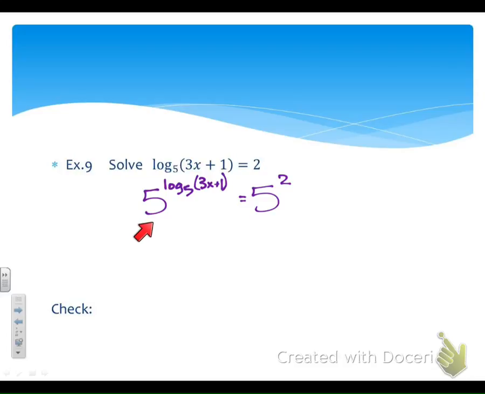When you have a base raised to a logarithm of the same base, these operations undo each other. And you're left with the argument 3x plus 1, and then 5 squared is 25. So when you exponentiate both sides, 5 to the log base 5 undo each other, and you're left with 3x plus 1.